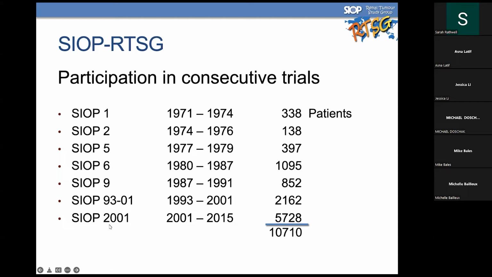And the reason why it started just now is because of the different regulations you have to face. And as we have an international collaboration, because of the rarity of the tumors, it gets more and more difficult dealing with the clinical trial regulations, with the data protection regulations, and so on.